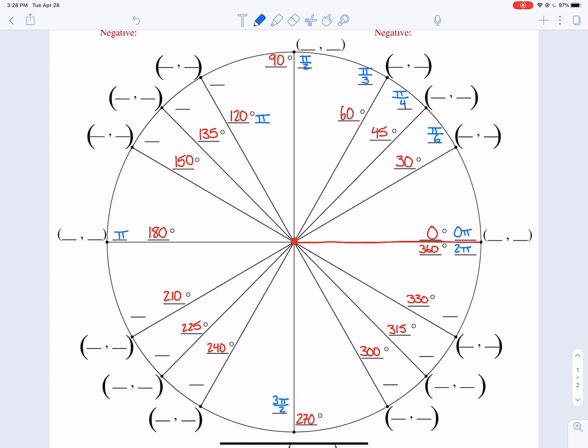So 120 times pi over 180, we would need to reduce those, and we would end up with 2 pi over 3 radians. Let's see, 135 times pi over 180 would be 3 pi over 4. And then 150 times pi over 180 would be 5 pi over 6.